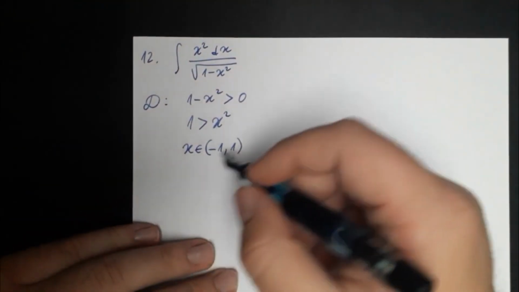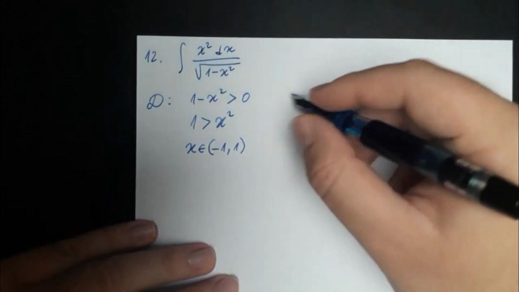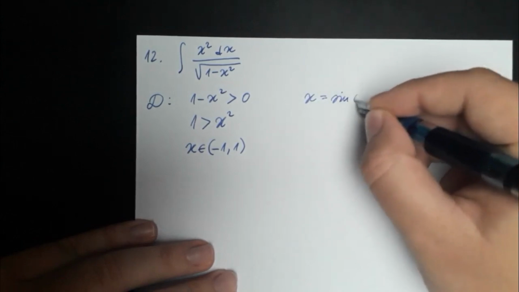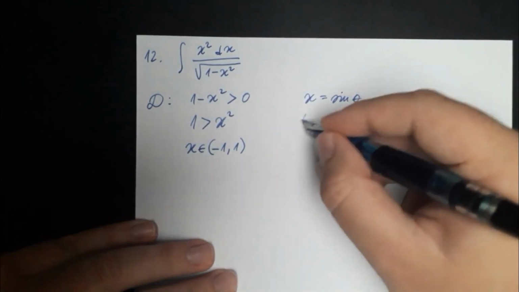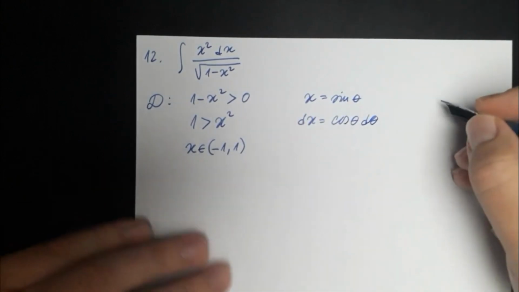Well, what we can see now is that the obvious thing to do is to introduce a trigonometrical substitution that x is equal to a sine of theta, and then dx becomes a cosine of theta d theta.